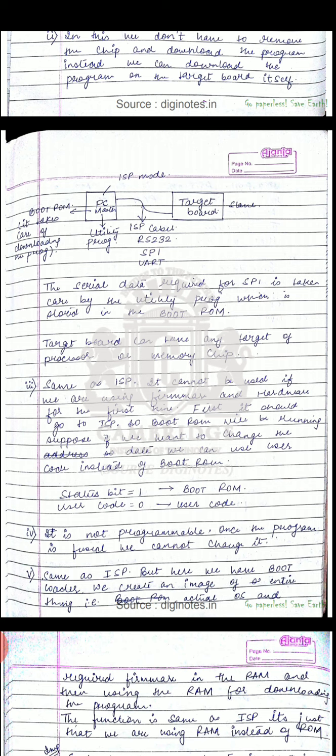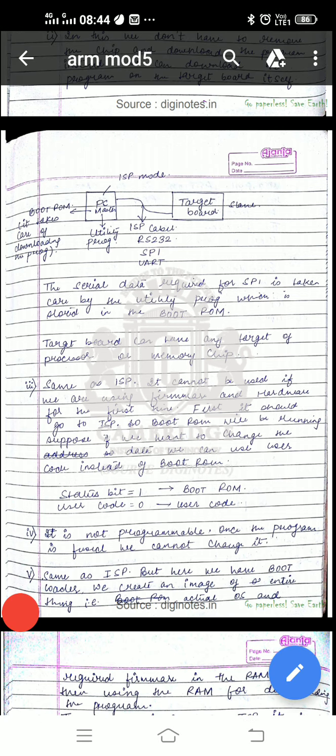And the last method is firmware integration for OS based system. This method is also the same as ISP, that is in system programming, but here we have a boot coder, and we create an image of the entire thing, that is the actual OS and the required firmware, in the RAM, and then use the RAM for downloading the program into the desired embedded system.